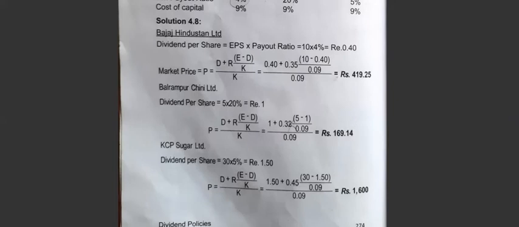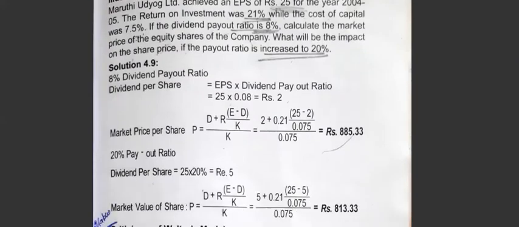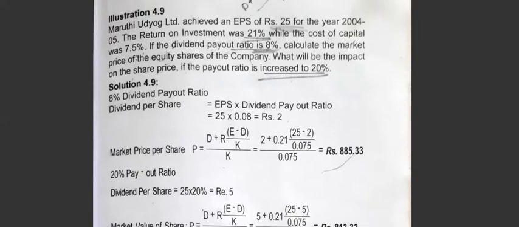Same thing here also for the third company, KCP Sugar Limited. Now the last problem is also similar, you just have to use the values and calculate. See, Maruti Udyog Limited EPS is 25 rupees for the year 2000. The rate of return is given, cost of capital is given, and dividend payout ratio is given. It is 8% on face value.